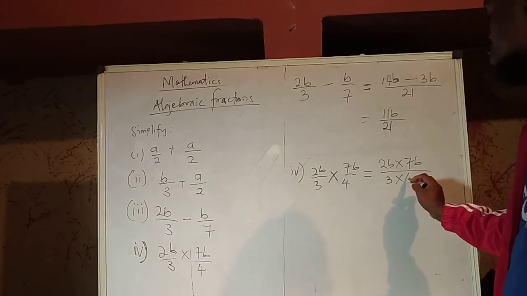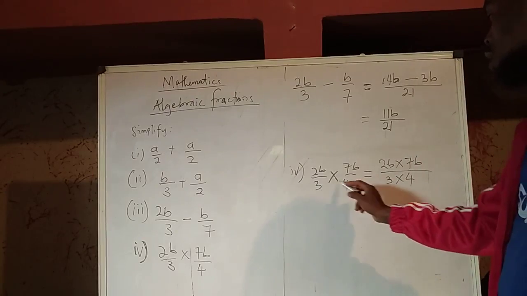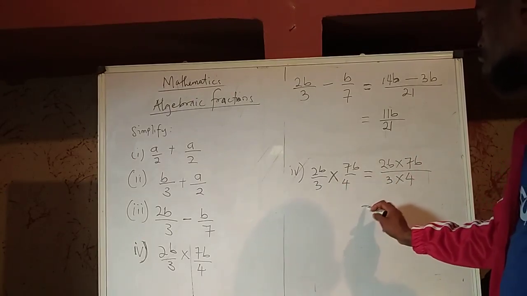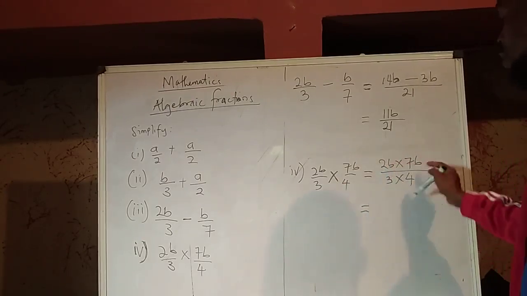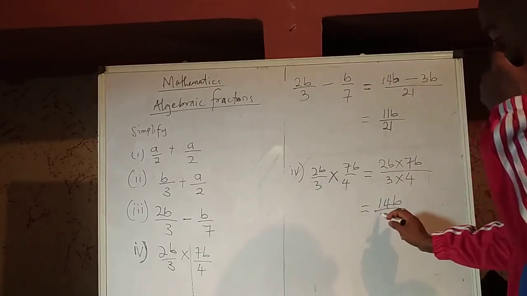So this is going to be 2b times 7b in the numerator, and 3 times 4 in the denominator.